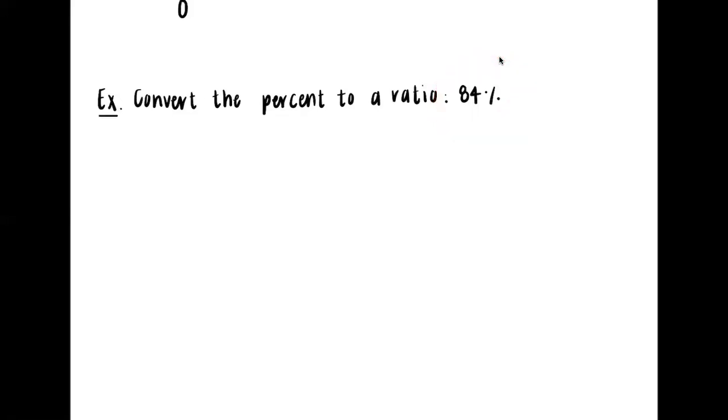So remember, what does percent mean? Well, percent means out of 100. So then this implies I have 84 out of 100. So you can think of it kind of like an exam if you have 84 correct out of 100.